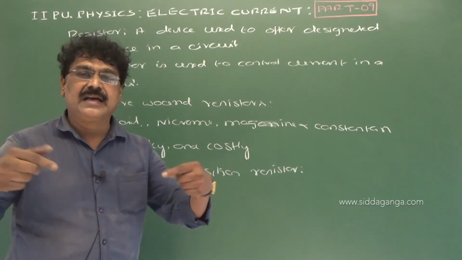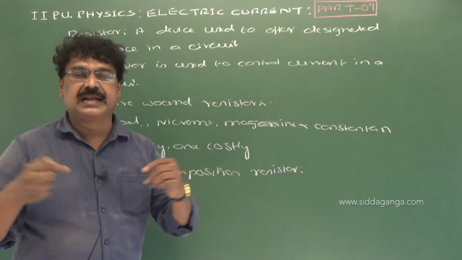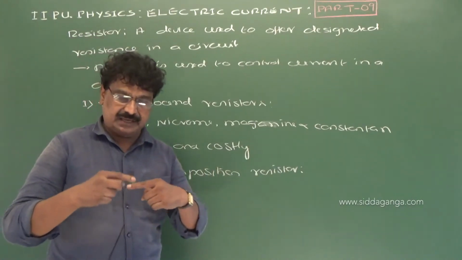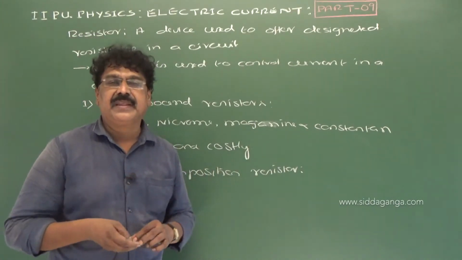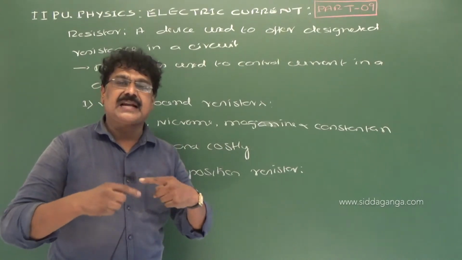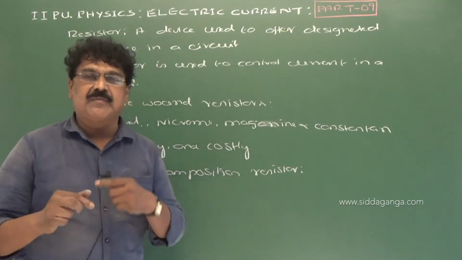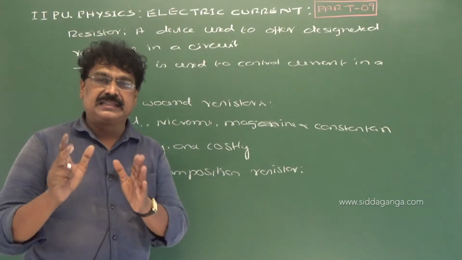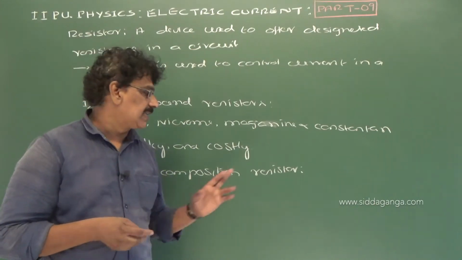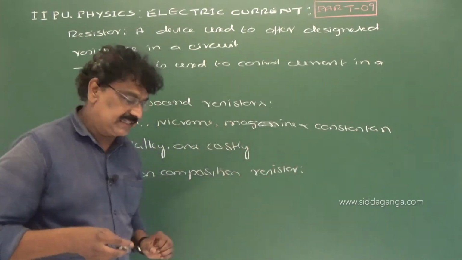They serve as leads for external electrical connection, and this cylindrical carbon is enclosed inside a ceramic or plastic case. That resistor is called a carbon composition resistor.